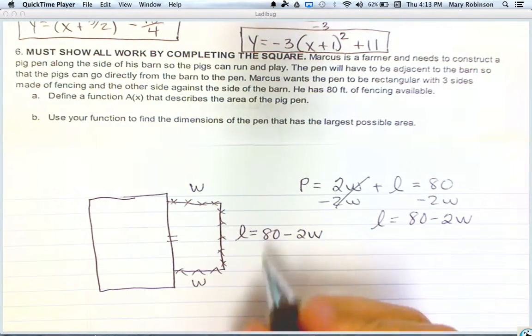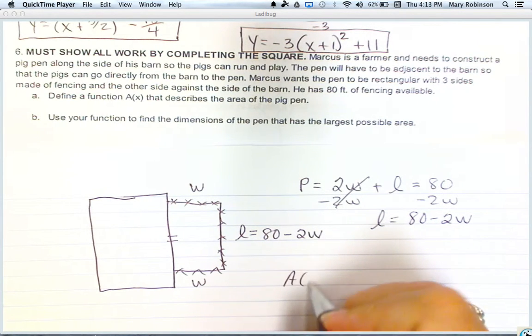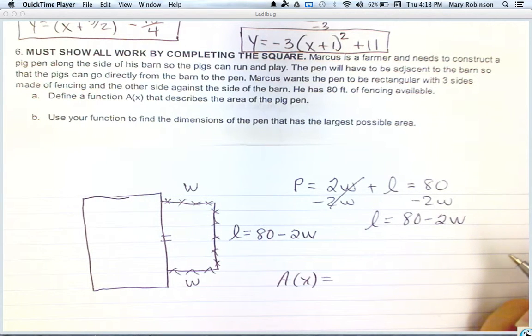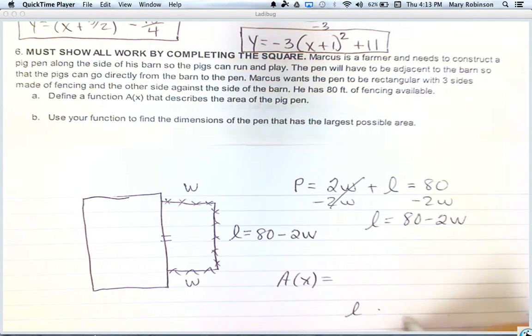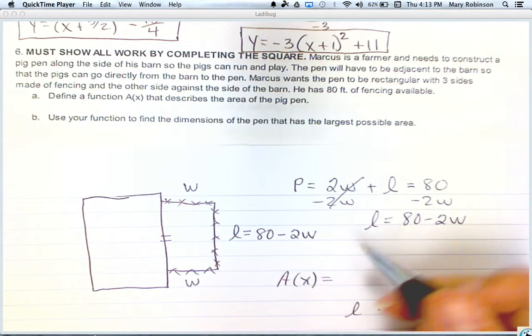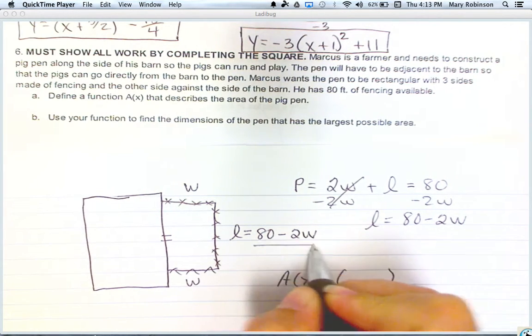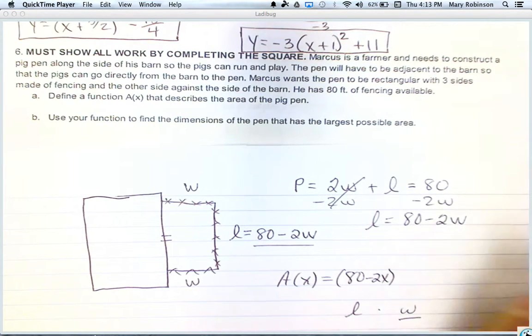Okay? So for part A, it says define a function A of x, so we're just going to use x instead of w for width, that describes the area of the playpen. Well, recall for a rectangle, area is simply length times width. Which expression represents the length? That would be 80 minus 2x, and our width, of course, is just x.